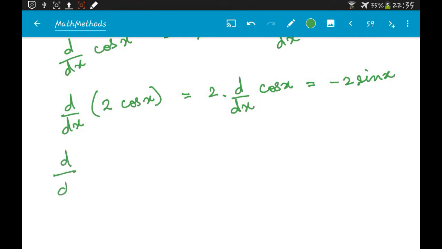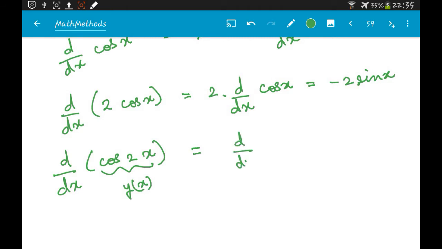But what if you want to do d by dx of cos 2x? Now cos 2x is some function, so this is like y of x. Let's call this y of 2x, because 2x is the variable and the function is cos.